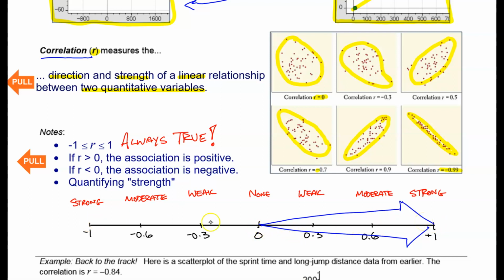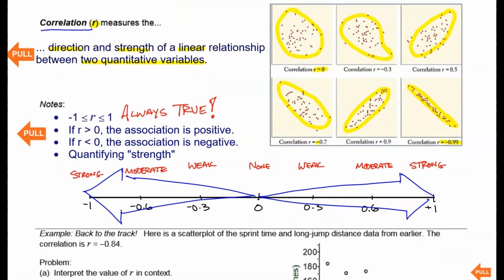Same thing in the other direction, right? So the closer you are to negative 1, the stronger your relationship is. Okay, so that's kind of a graph to help us understand that the closer we are to 0, the weaker our linear relationship is, and then the further we are from 0 towards positive or negative 1, the stronger that relationship is.